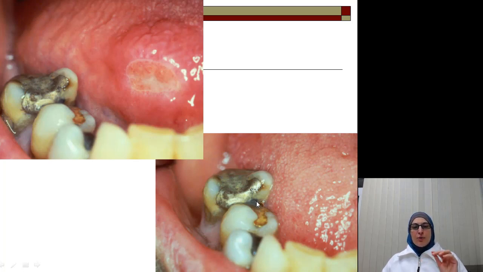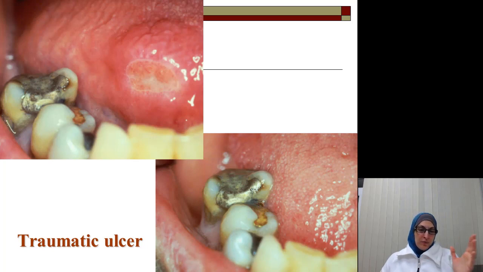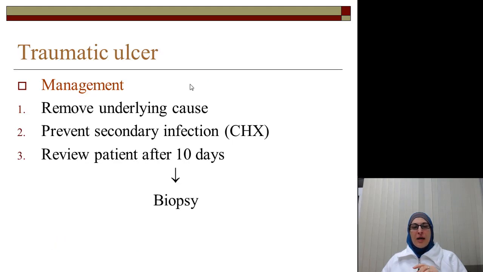The first step to confirm your diagnosis is to try to remove that cause. So we made an initial diagnosis of traumatic ulcer, and our first step of management would be removing the underlying cause.